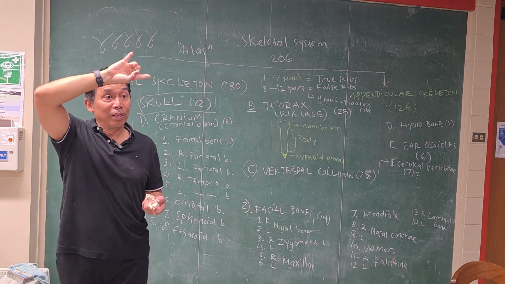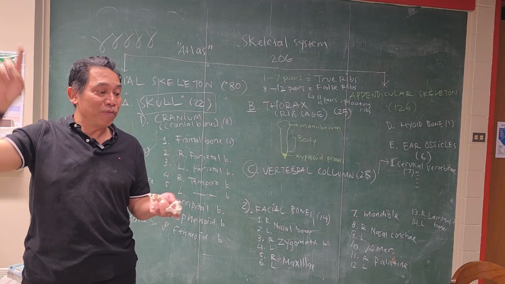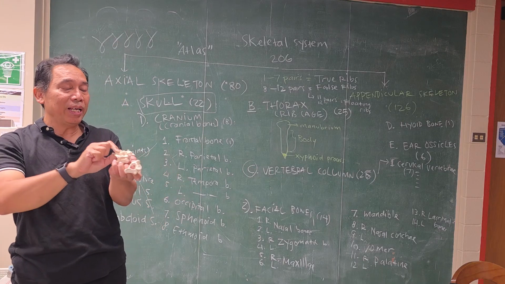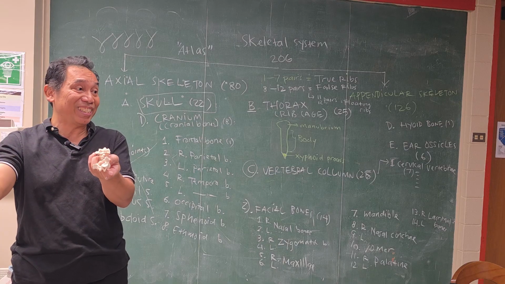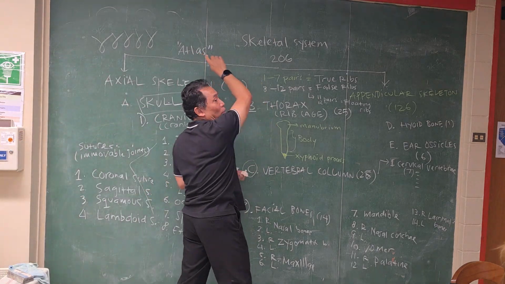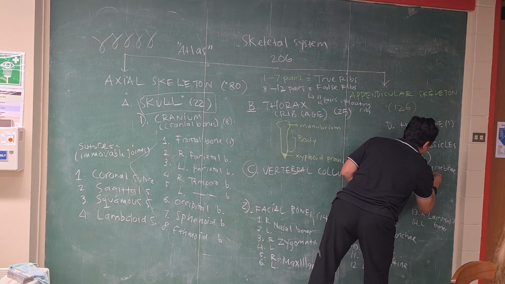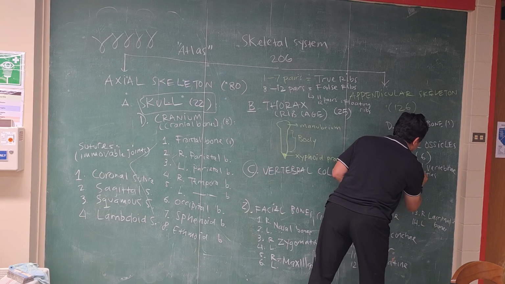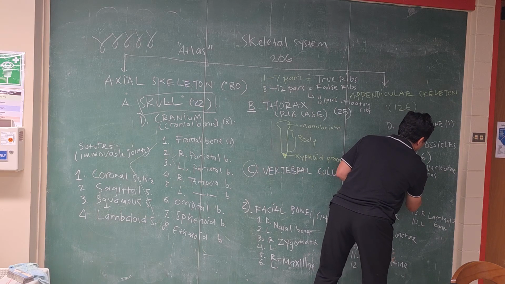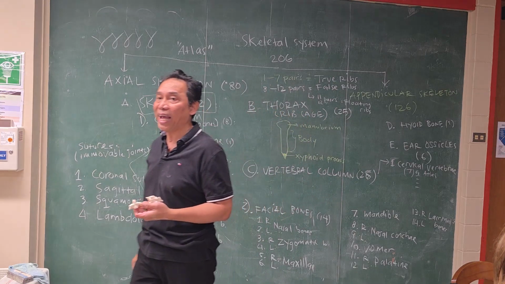Atlas means globe. It looks like a round ball. Oh, it's a globe, right? Therefore, the first vertebra is also known as the atlas. It's coming from the function to hold the globe. So this is atlas. So this is C1. Cervical vertebra number 1 is called atlas.